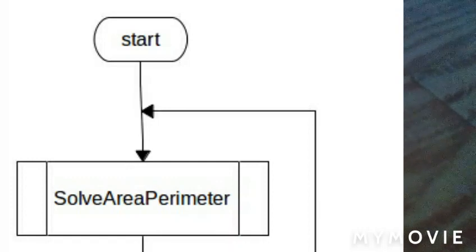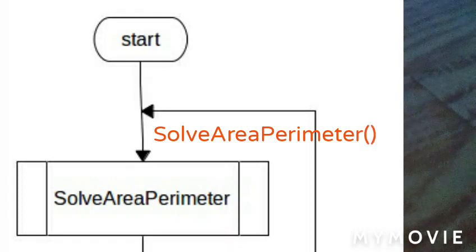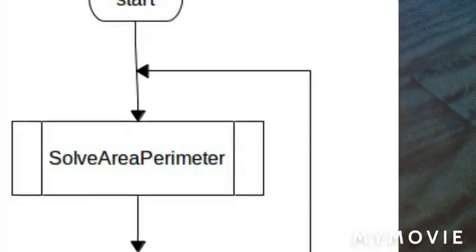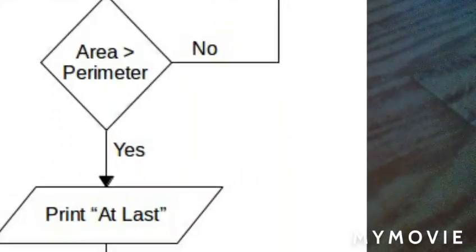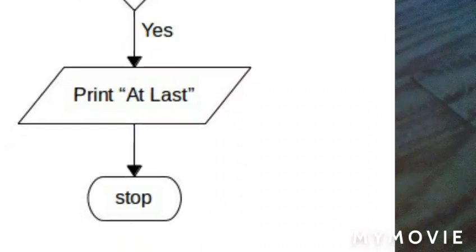And that also corresponds with the C program that calls the area and perimeter. Then the same, and it checks the area and perimeter, then a while loop, and printing at last, and stop.